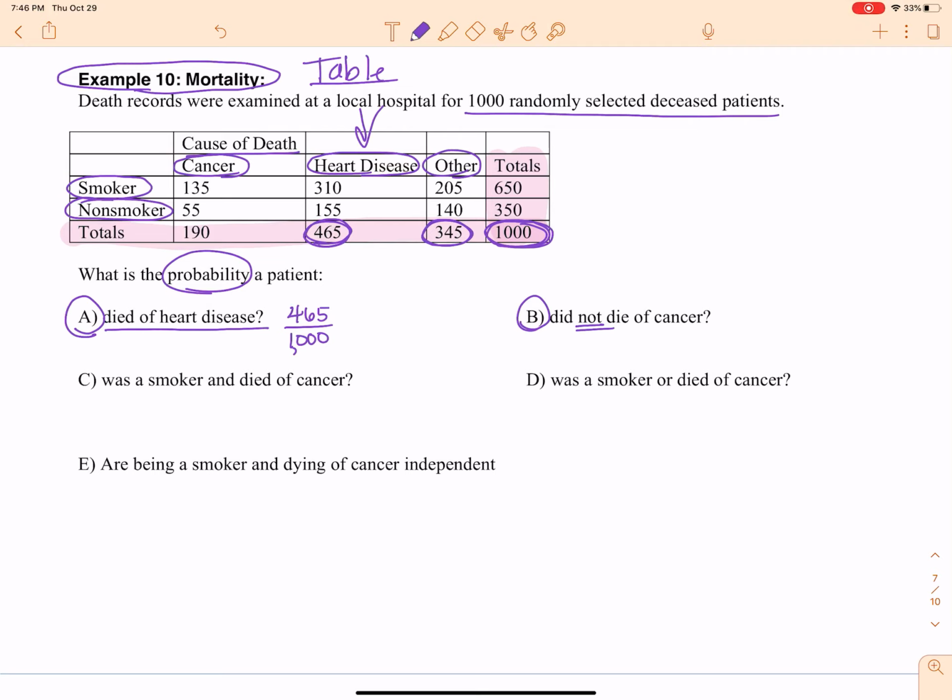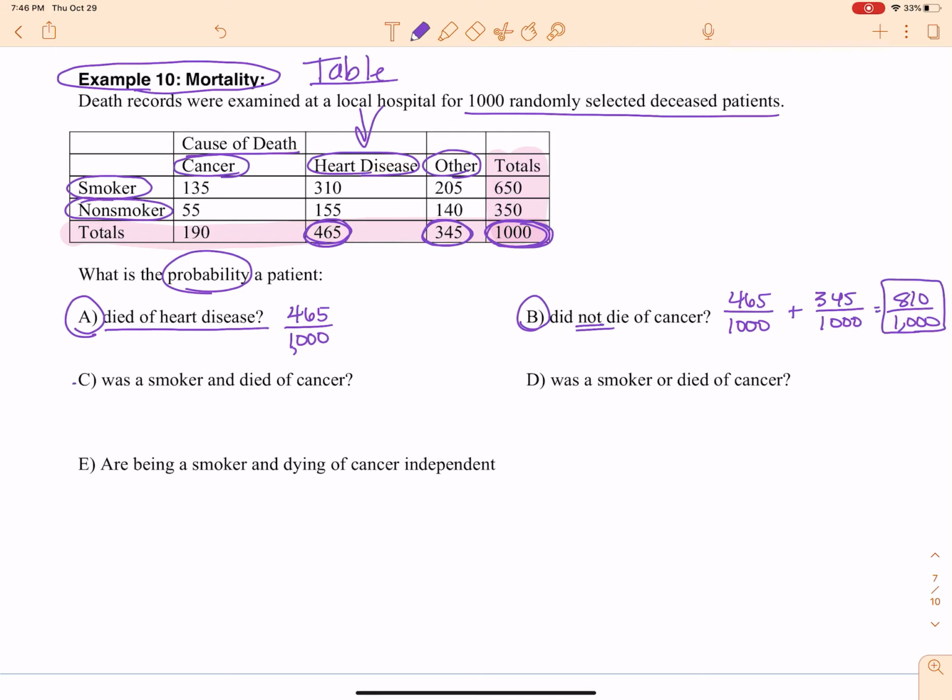So the probability that a single patient did not die of cancer is 465 over 1,000, or they died from other. So I'm going to add these together, and that is your answer.